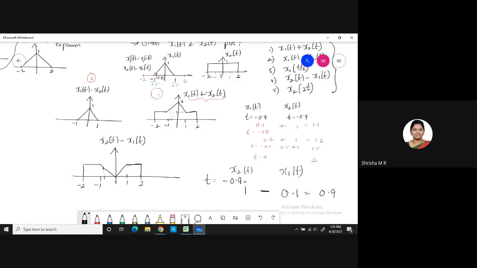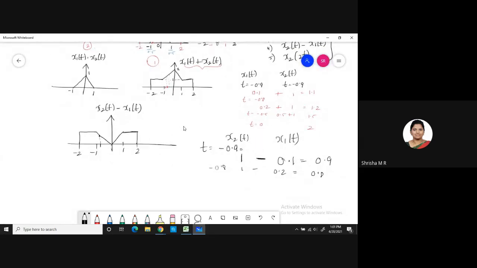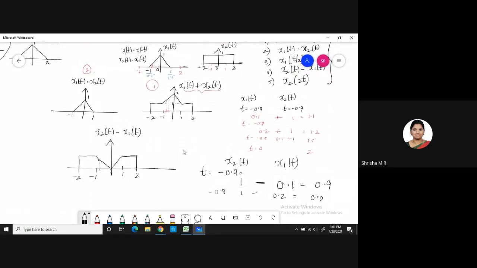Got it? At t is equal to minus 0.8, how much do you have? In x2 of t, it is 1. Minus 0.2, you get 0.8. Okay, it is decreasing here. You can observe, following everyone what I'm explaining. Are you guys following?